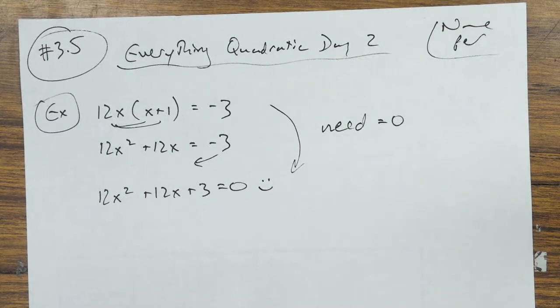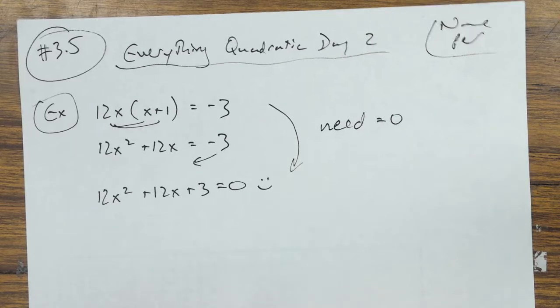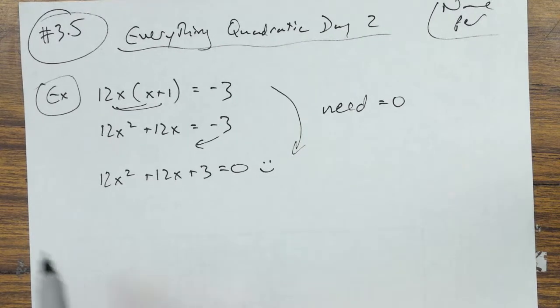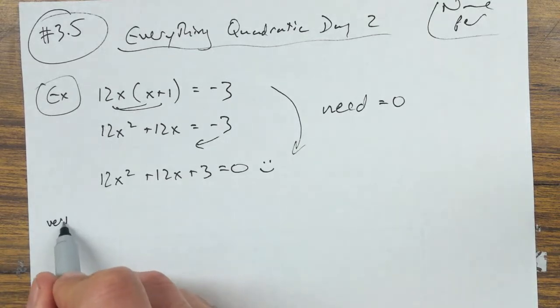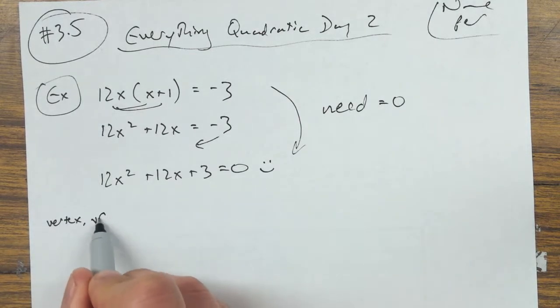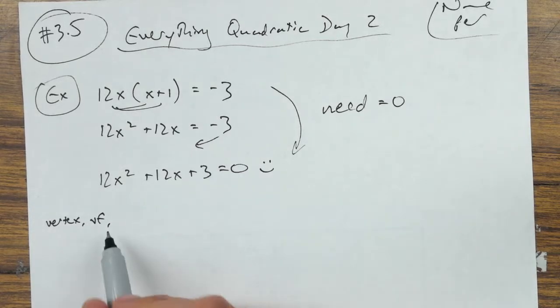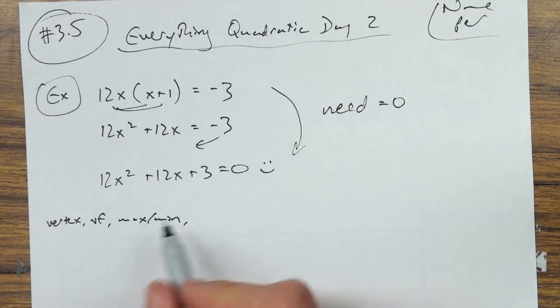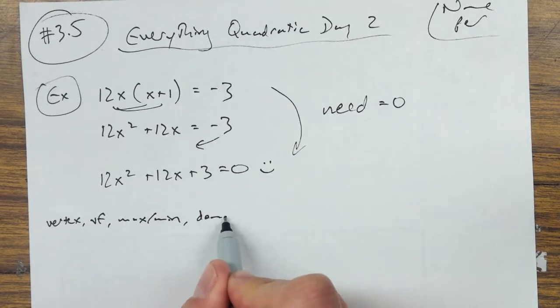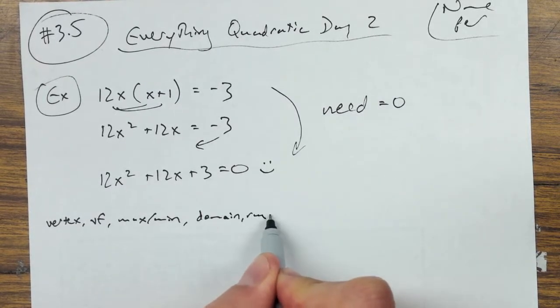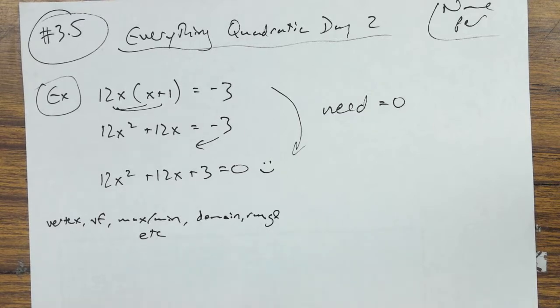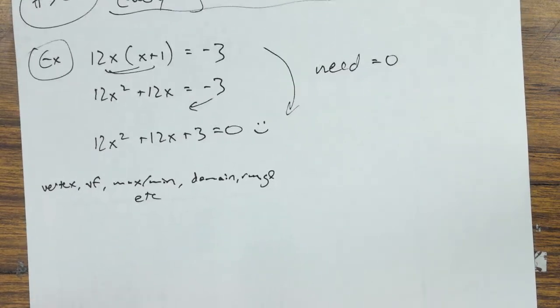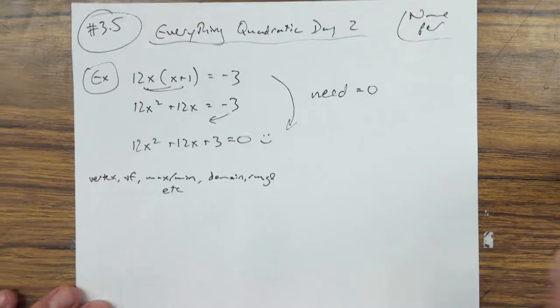Now, to do everything quadratic, if you need to find the vertex form, max min, domain, range, etc., you have to find all those pieces of information.